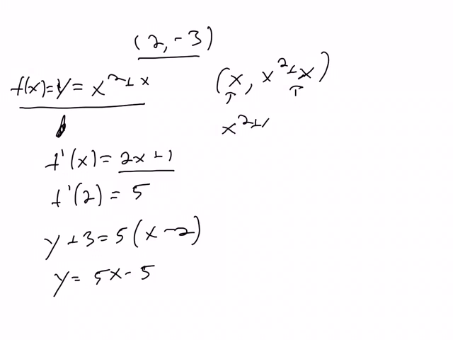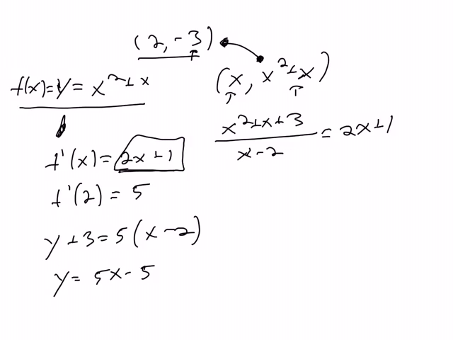So we're going to have x squared plus x minus negative 3, which is plus 3, divided by x minus 2. This is the slope between any arbitrary point and this point. Well, we want this to be 2x plus 1, because we want the slope to be tangent to this graph, passing through this point and some arbitrary point. And this is going to help us find our x.